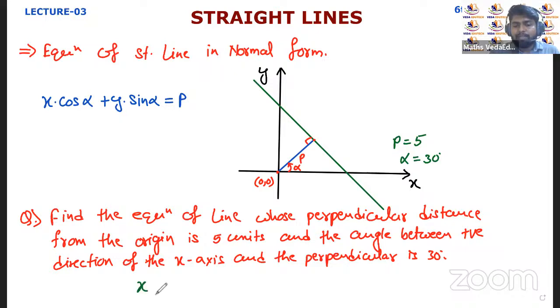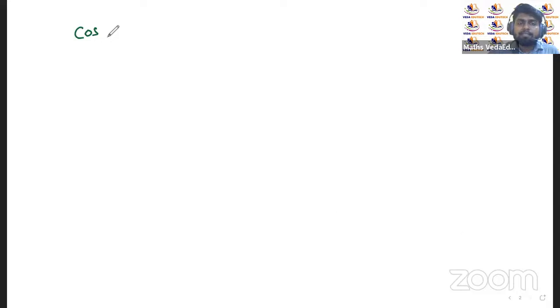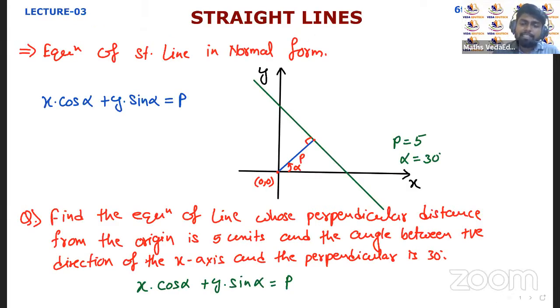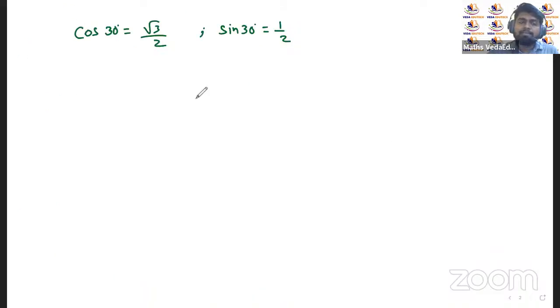The formula for this equation of line is x times cos alpha plus y times sin alpha equal to P. So we need to find cos 30 degrees, that is root 3 by 2, and sin 30 degrees, that is 1 by 2. Now we put all the values here: x times root 3 by 2 plus y times 1 by 2 equal to 5.